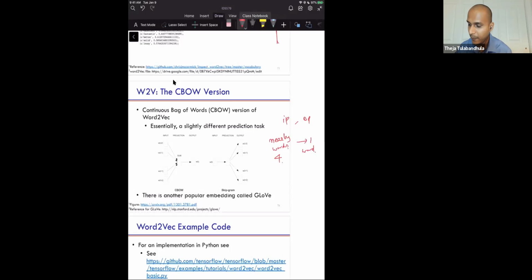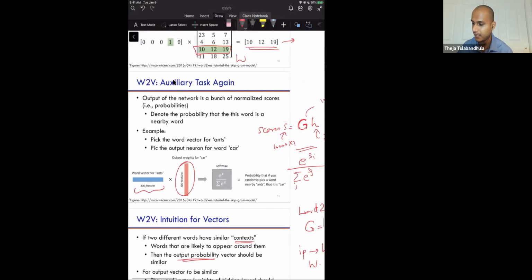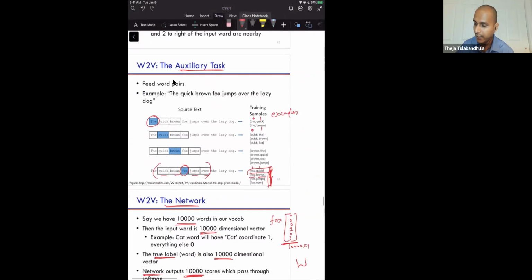Here, you want the score for the coordinate for Fox to be high when you give "quick brown jumps over" as the inputs.